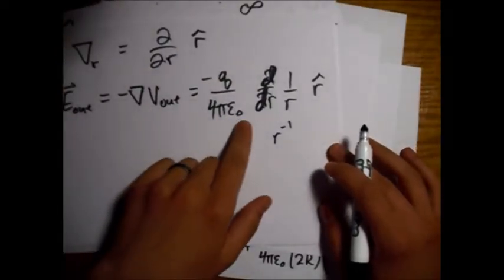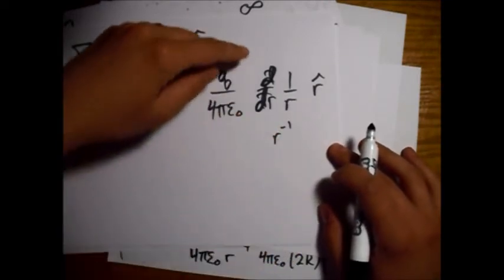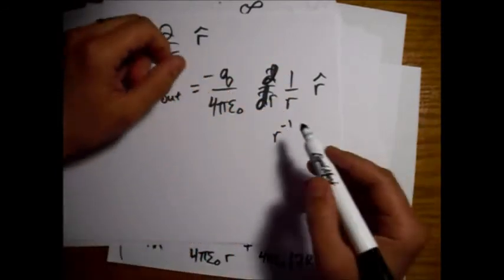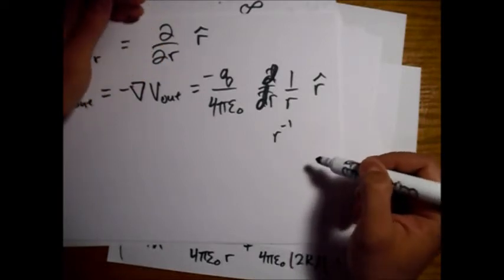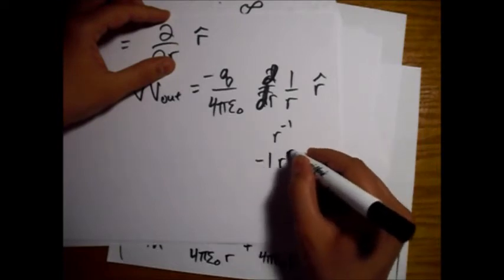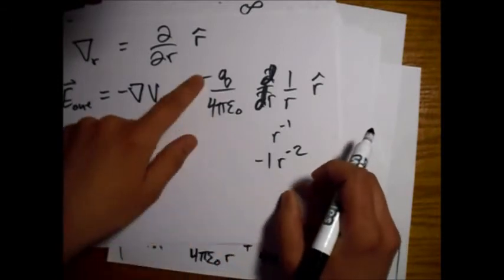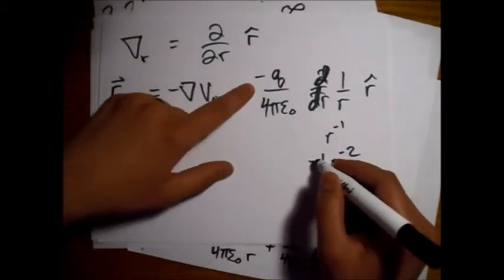Okay, so, right, where were we? We were taking the gradient of this potential here. Right, so when we have a 1 over r, it's just r to the minus 1, so when we take the derivative of this, we just get a -1 out front and r to the -2. So basically this minus sign is going to come out front and cancel with this one.